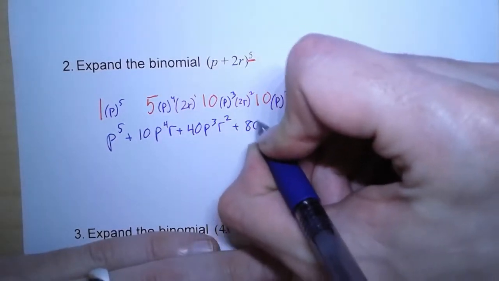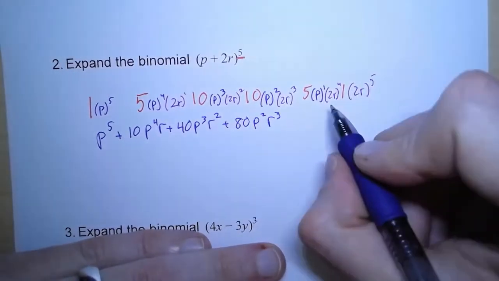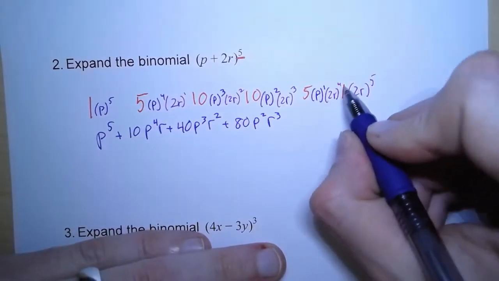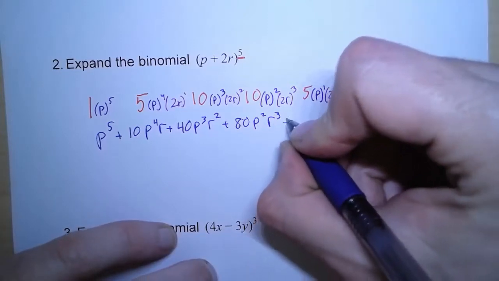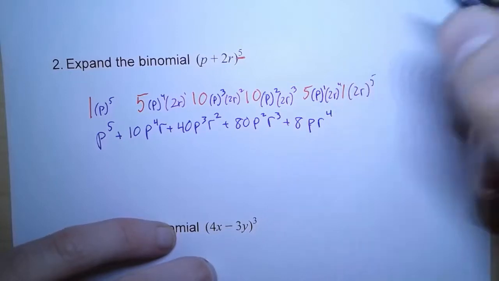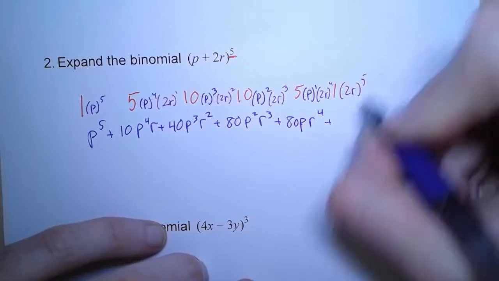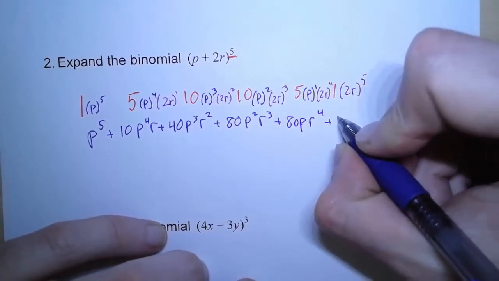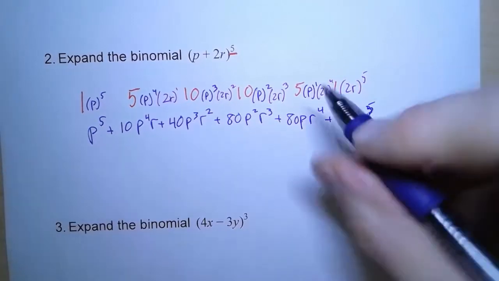So that's going to be 80 p squared r cubed. Then we have 5 times 2 to the fourth. 2 to the fourth is 16 times 5 is going to be 80, and that's p times r to the 4th. And then finally, we have 1 times 2 to the 5th. And 2 to the 5th is 32r to the 5th.